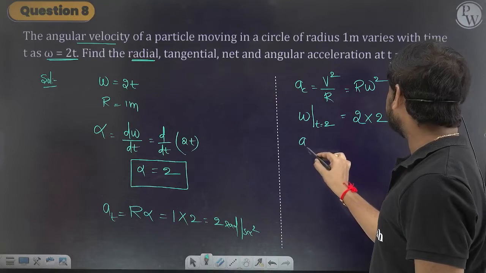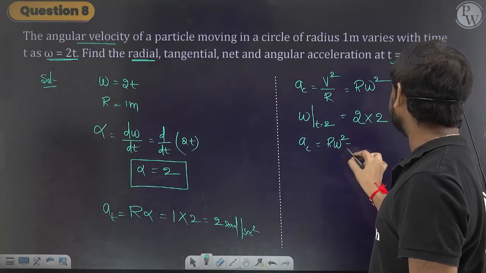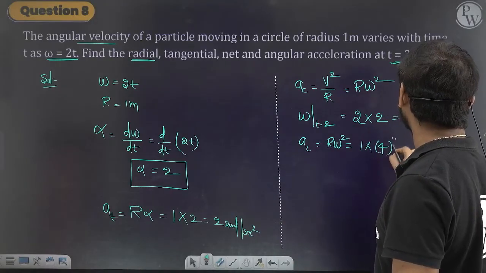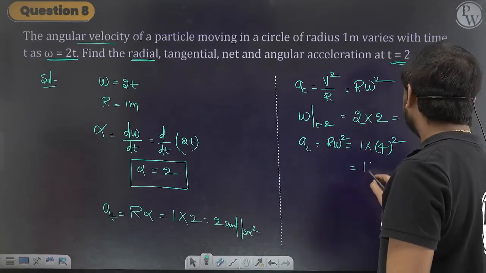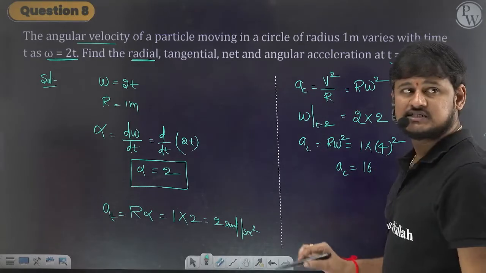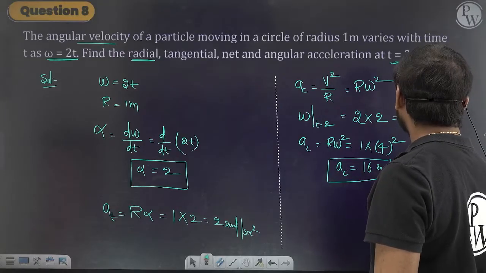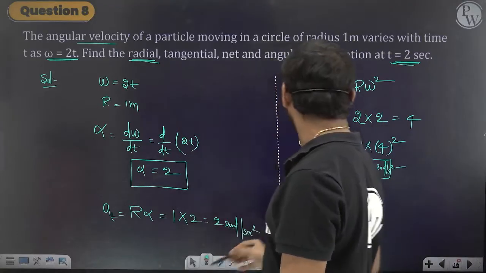Then a_c will be equals to r omega square. What is radius? 1 meter. Omega square is 4 whole square. Yes or no? Omega at 2 seconds is 4. So we have got a_c, the centripetal acceleration is 16 meter per second square. Yes or no? Understood guys? So we have got the radial acceleration. Where is that? This one.